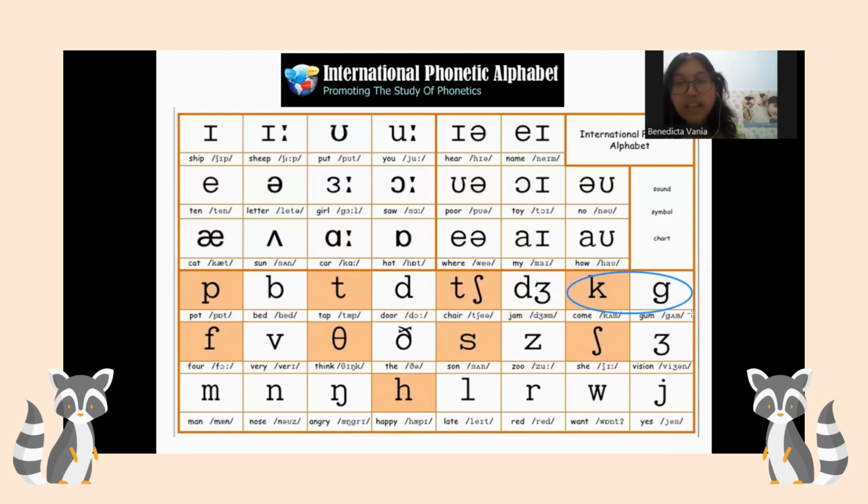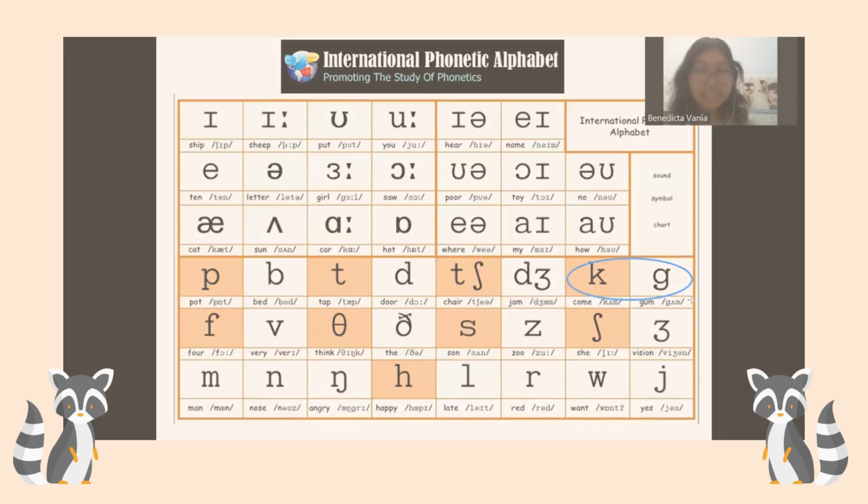K sound aspirated, I need to stress that more, is for words like care, car, goat. G sound is voiced, so there's only one way of pronouncing it, and it is used in words like game, get, give.